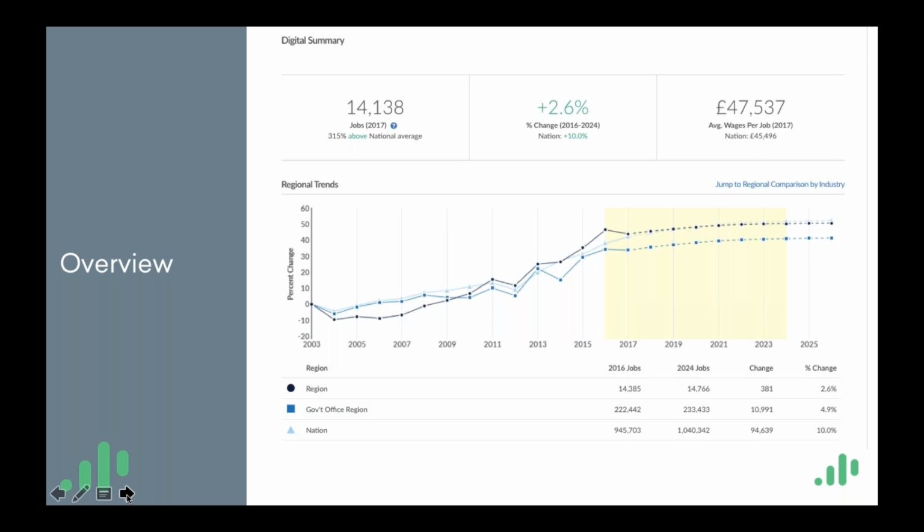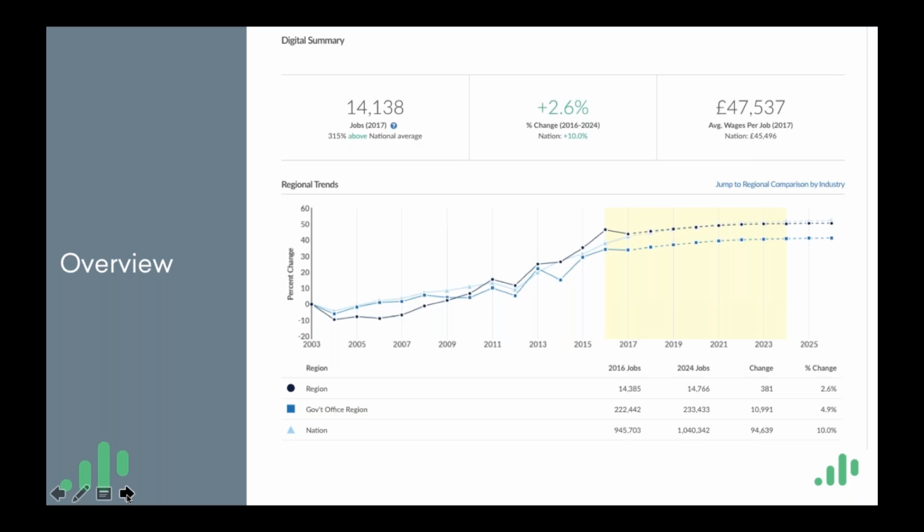You can see there's been significant growth within the region itself, far above national and above the comparative region. But then you can see that it's projected that the national will catch up with it and slightly exceed it, well, we're out in 2025 by this point.